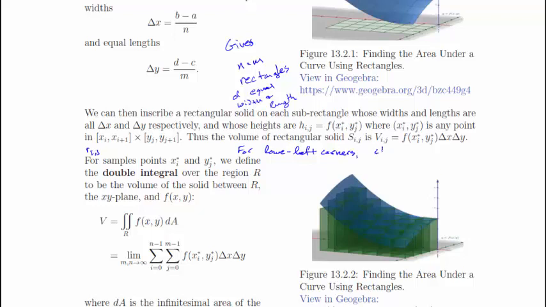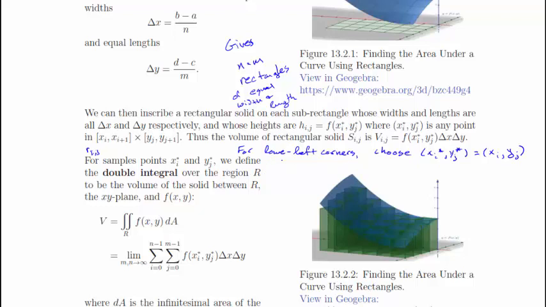We choose x sub i star, y sub j star to equal x sub i, y sub j.